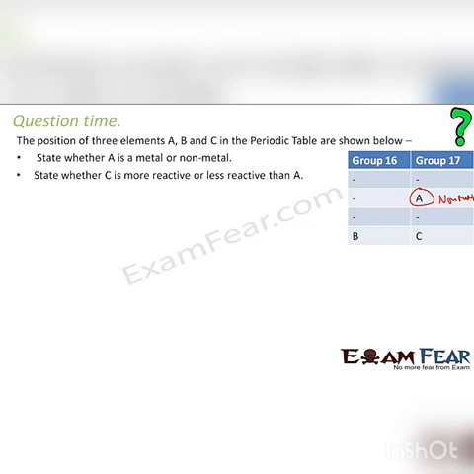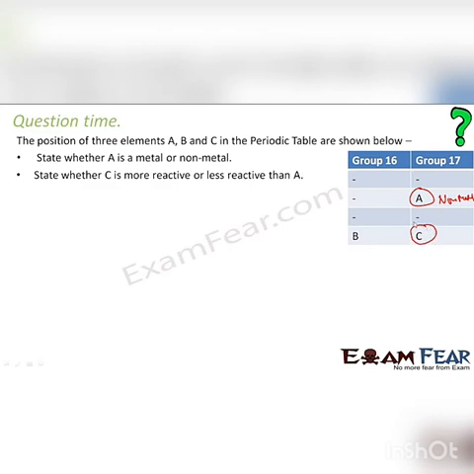Second, is C more reactive or less reactive than A? If you compare C and A, C is bigger than A and they are non-metals. As told, the non-metallic character decreases down the group, right?